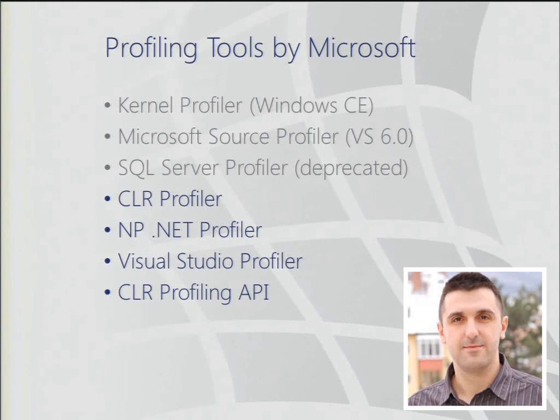It is replaced already. Then we have the COR Profiler, which is a small tool written to showcase the COR profiling API. We have another ASP.NET profiler that again tries to utilize the COR profiling API.